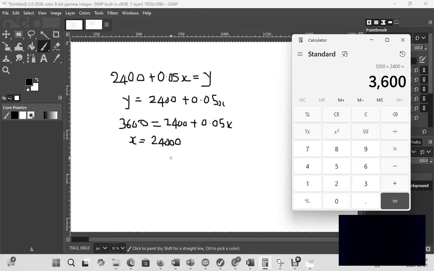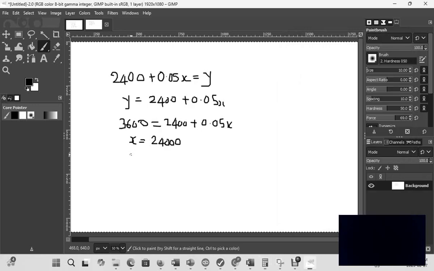This is basically how you verify and check if your solution is correct. It means that this person will need to sell 24,000 of whatever it is that this person is selling to make $3,600. So this is basically how you solve word problems using linear equations.